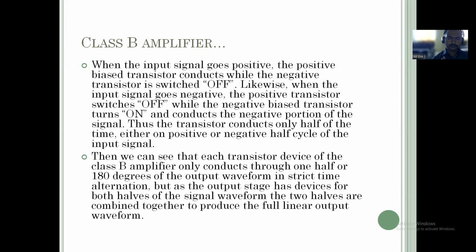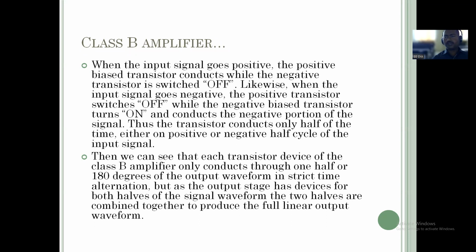Now see, with respect to this type of transistor, it works for only one half cycle. Only one transistor is used for each 180 degrees, so during that 180 degrees only one NPN or one PNP is used and the other is off.